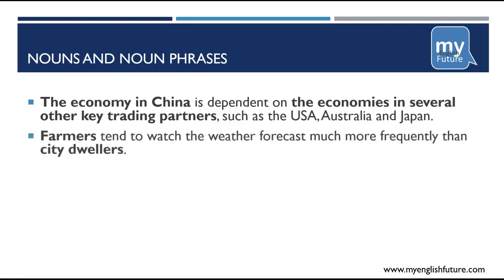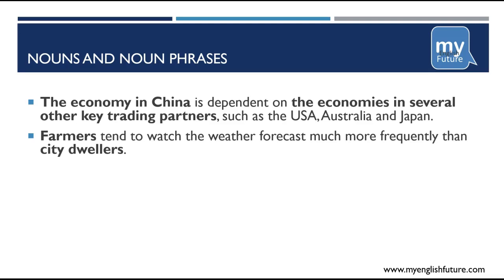Farmers tend to watch the weather forecast much more frequently than city dwellers. This is just a simple plural noun here, and again, farmers or city dwellers. You can't write farmers watch the weather much more frequently than people who live in the city.